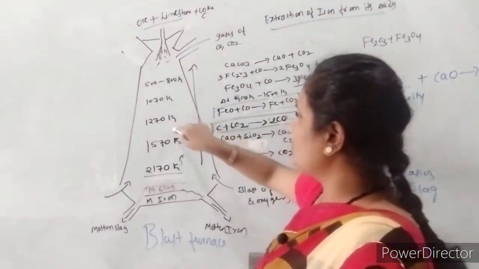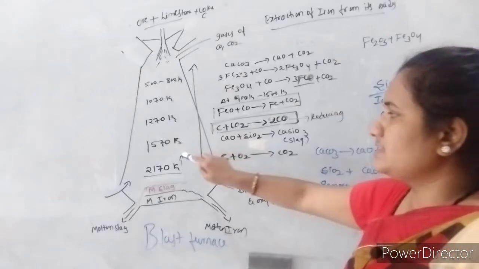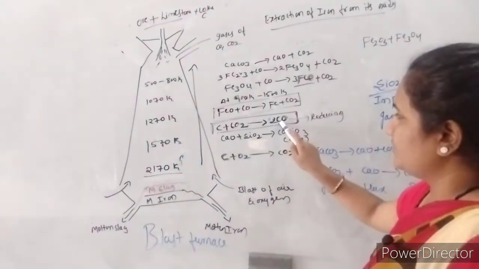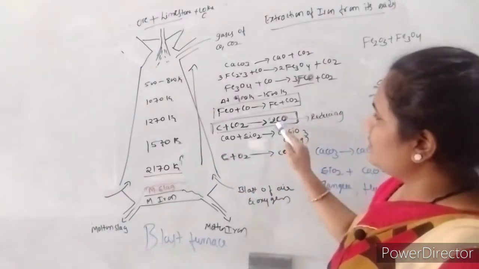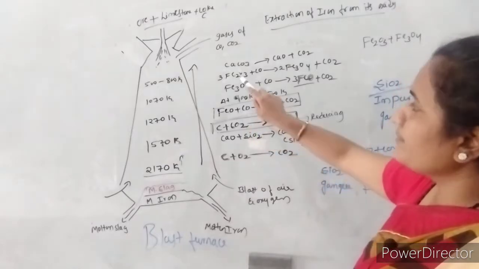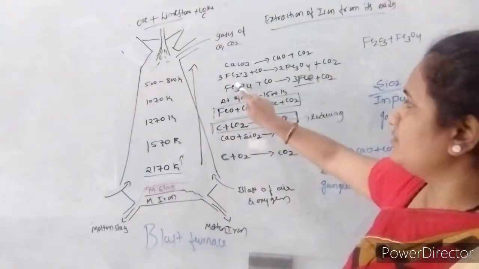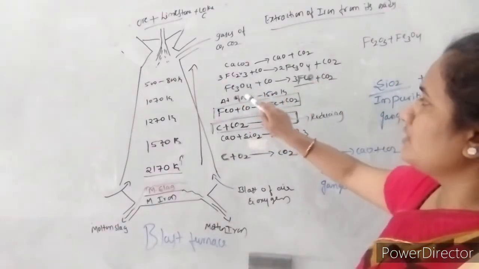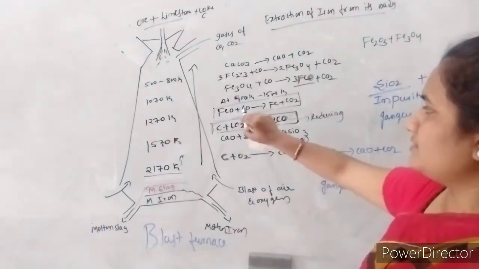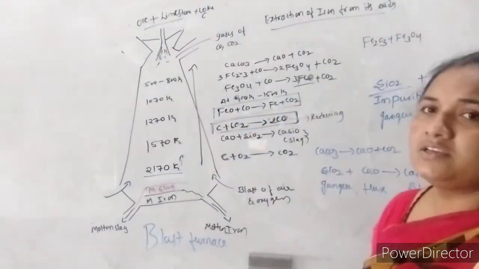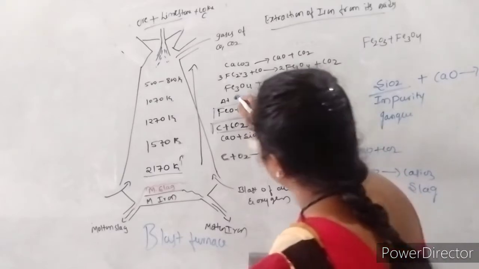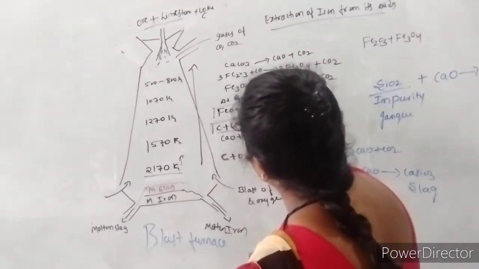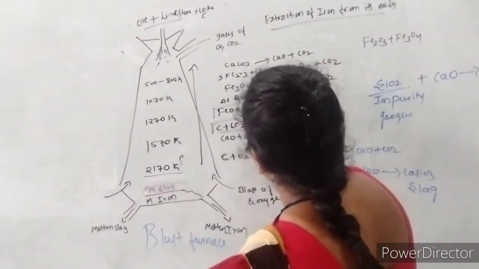Further coke reacts with the CO2 at the temperature 1570 Kelvin to produce carbon monoxide. Further it reacts with the iron ore, or hematite ore, forming Fe3O4, then undergoes iron oxide conversion, and further forms FeO. This is the temperature range 900 Kelvin to 1500 Kelvin.